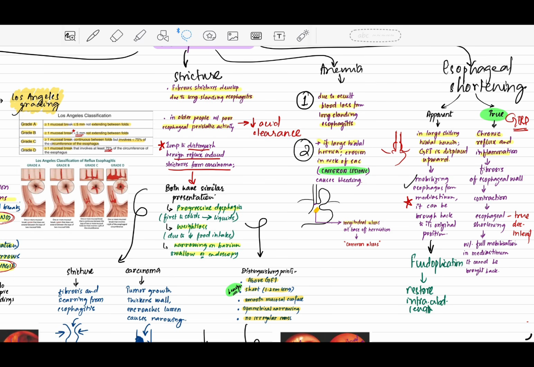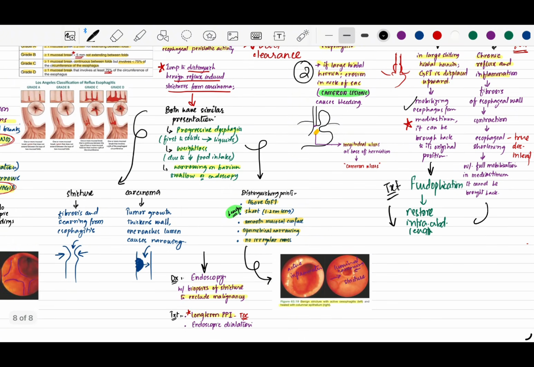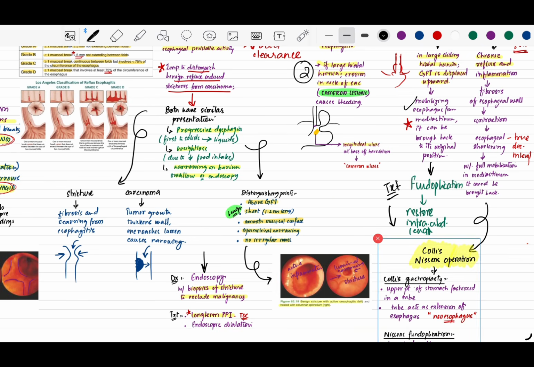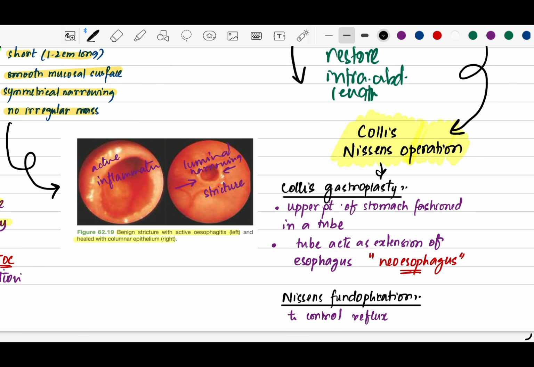Now let's discuss the treatment of esophageal shortening. For apparent esophageal shortening, the treatment is fundoplication. We already discussed its principle as well. However, for true esophageal shortening, which is seen in cases of GERD, the surgery is known as Collis-Nissen's operation. It comprises two phases.